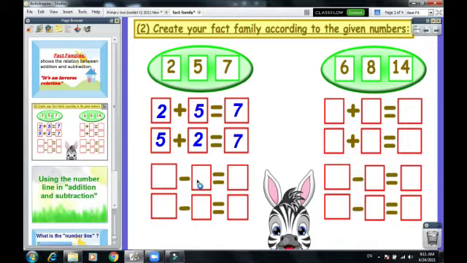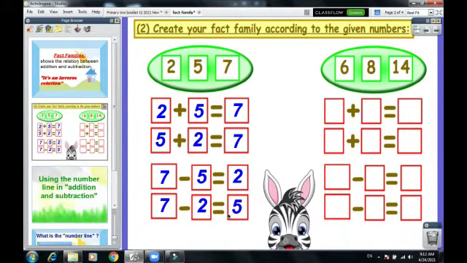And for the 2 sentences for minus, we always say I have whole minus part to give me the second part. Since the 2 parts are 2 and 5, which make up this 7, I can say that 7, which is the mommy number and big number, comes first. We said also that in minus the big number always should come first, so 7 minus the first part, which is 5, gives me the second part, which is 2.